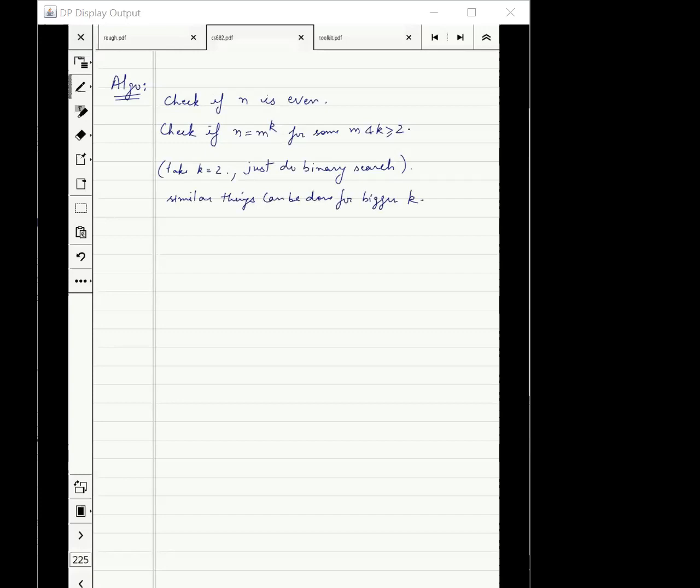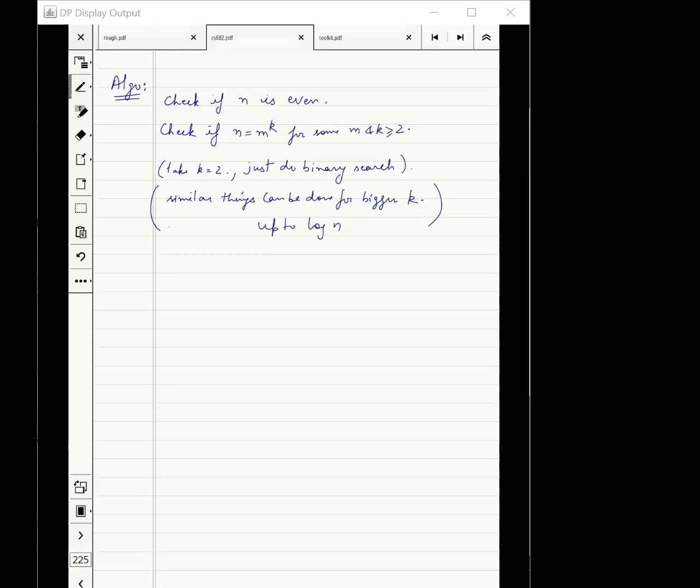Again, very good, because m has to be at least 2, so k cannot be bigger than log n. That takes care of this. I will have log n checks. Each loop will check if n is equal to m to the power k, for k from 2 to log n. Each of these can be done by binary search. It will be some polynomial of log n. I don't care, but it can be done.